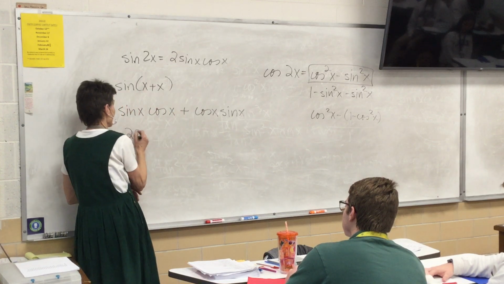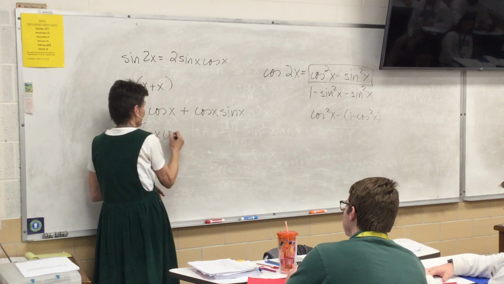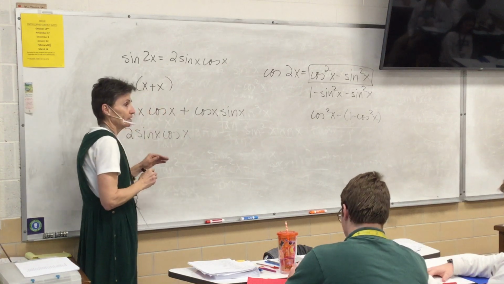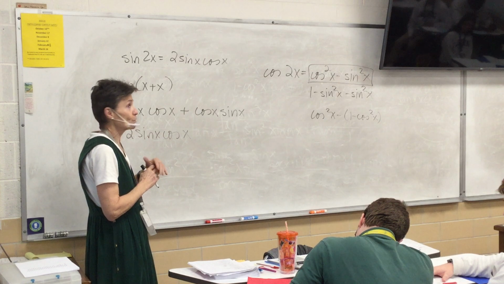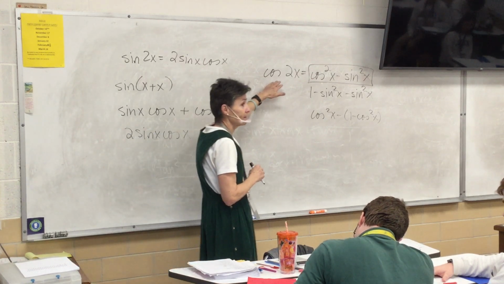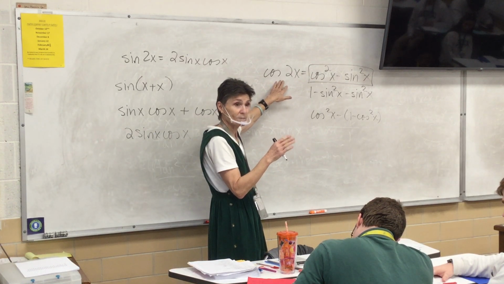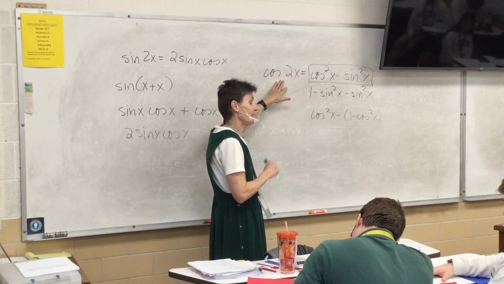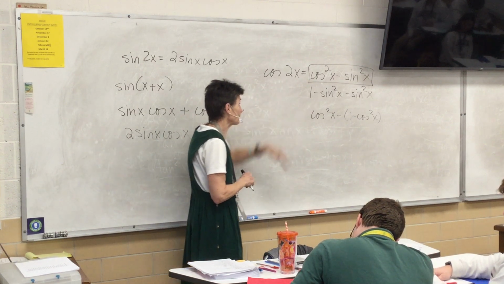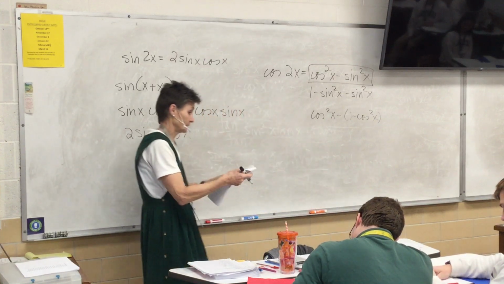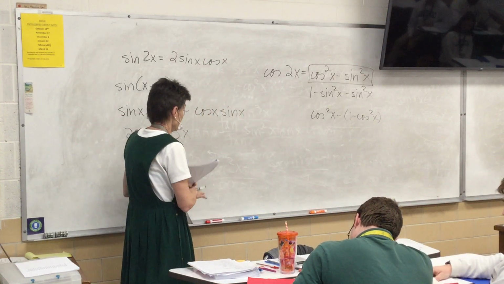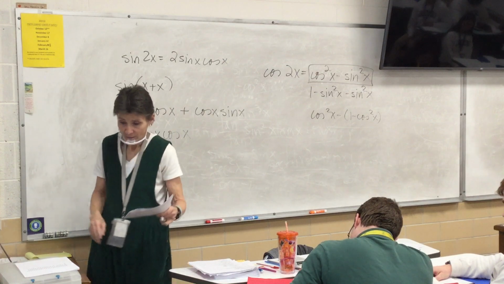So that's 2 sine cosine. Okay, so you just proved it. You could do the same thing with this one. You would think of this as cosine x plus x and use that identity. And the same thing with the tangent. We just don't have time to do all that.